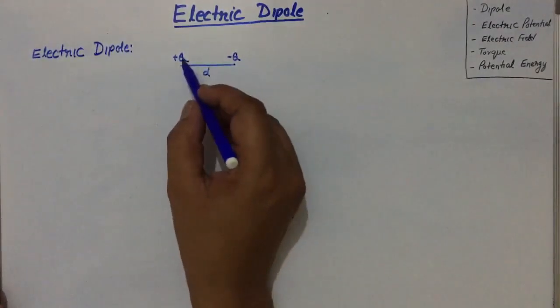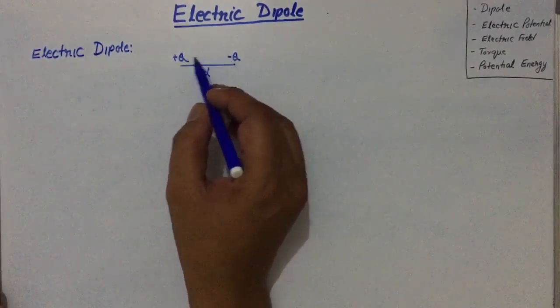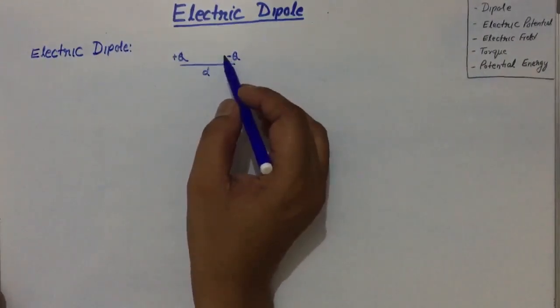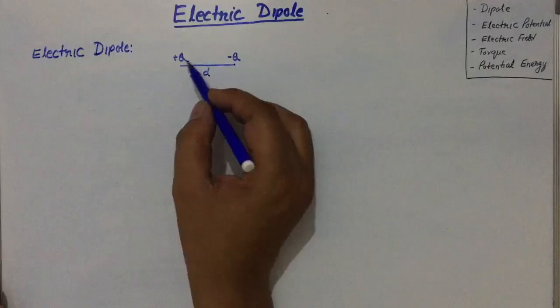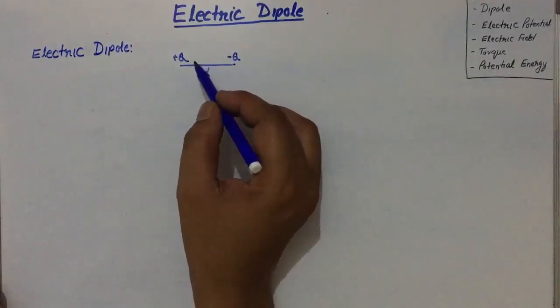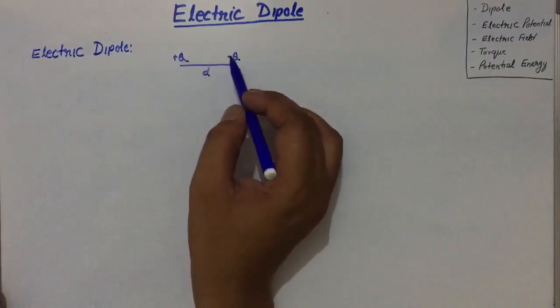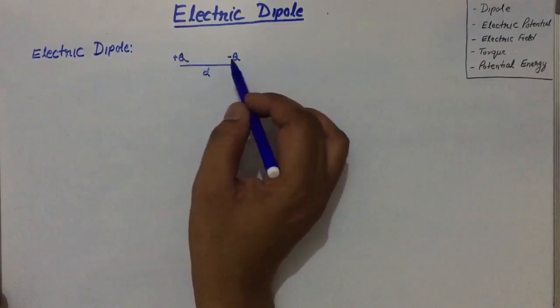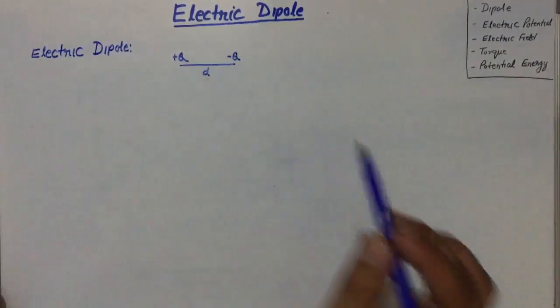The charges must be equal and the polarity of these charges should be opposite, and the distance between these two should be small so that these two charges are not free from each other; they are bound charges.